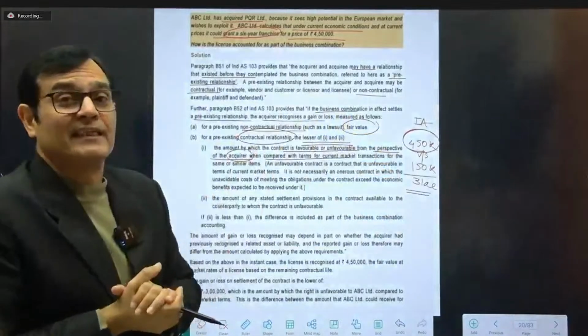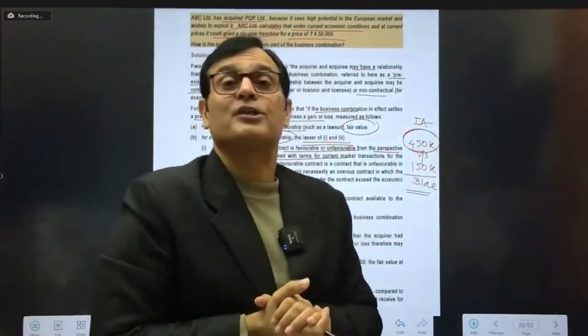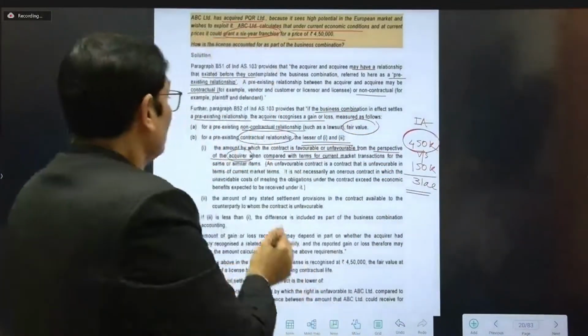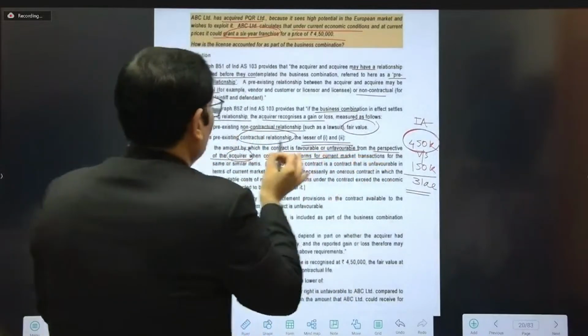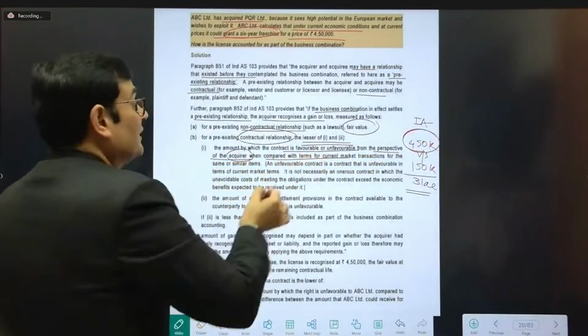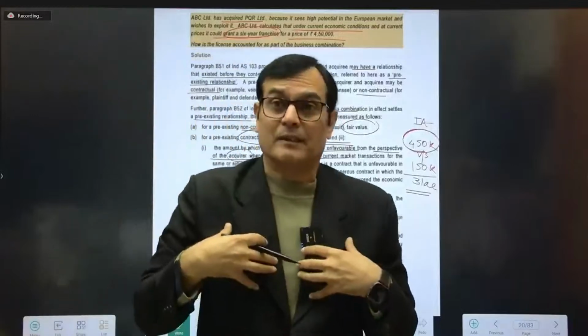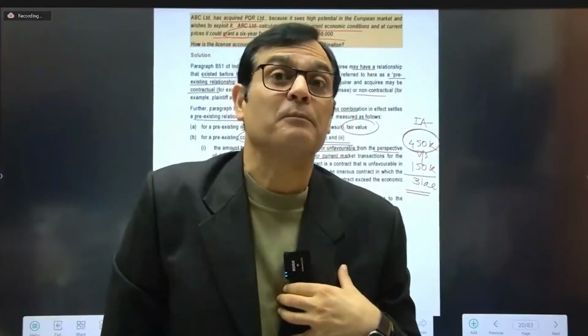So there is indirectly an unfavorable situation for the acquirer. So he says the amount by which the contract is unfavorable from the point of view of the acquirer when compared to market terms. I will say, boss, I gave you a right which is worth 150 in your books. Today, the same right is worth 450. I've given it to you at a cheaper value.